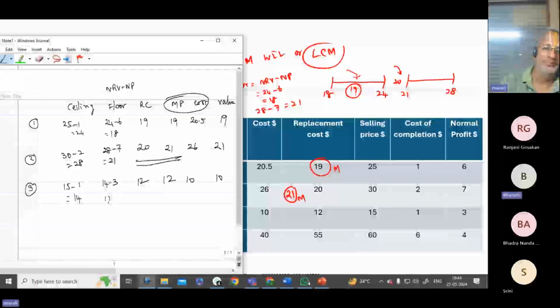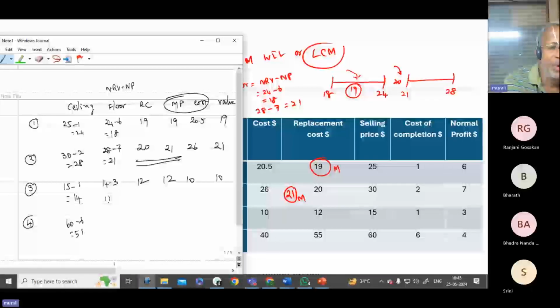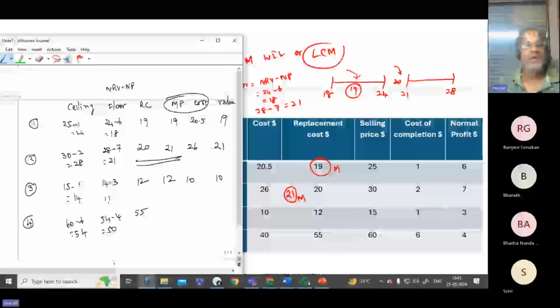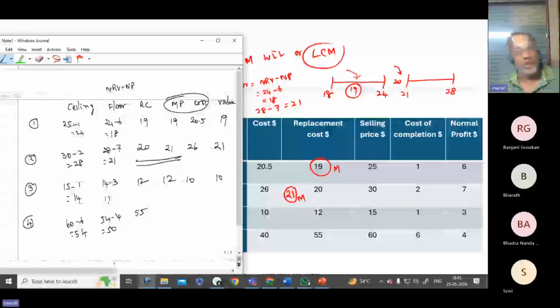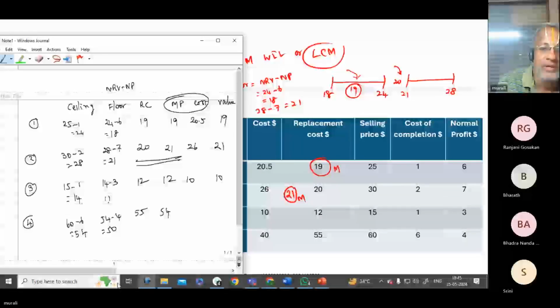Say yes or no. Clear. 4. 60 minus 6, 54. 54 minus 4, 50. Replacement cost is 55. Now, replacement cost is above my ceiling. So ceiling is what I will be taking up, 54. My cost is 40. I will take it up at 40. Is that right?